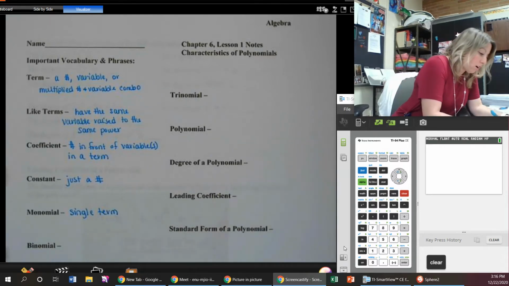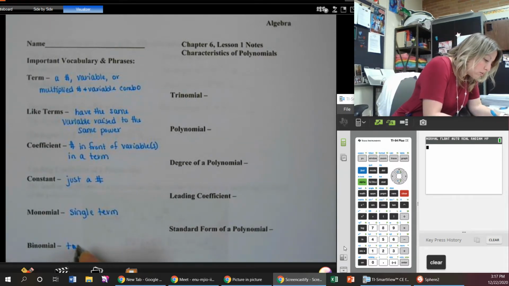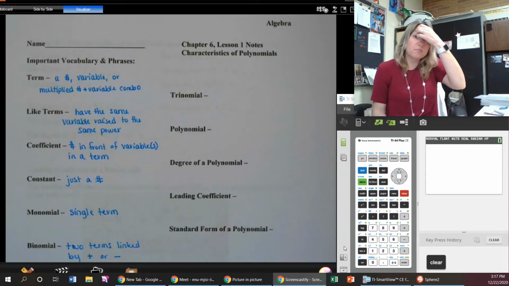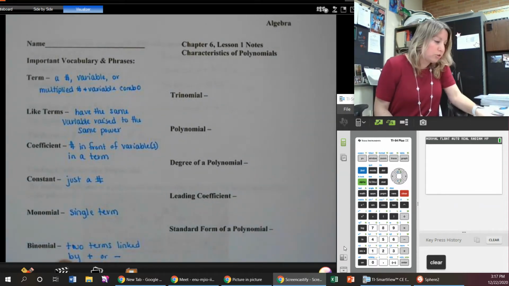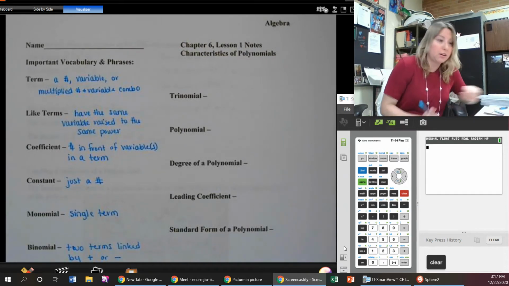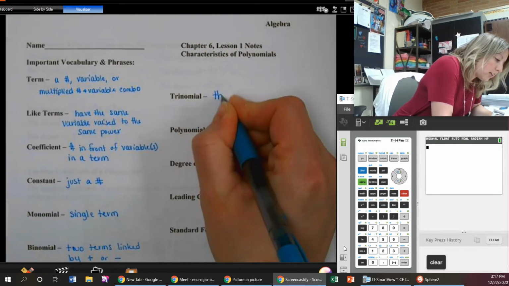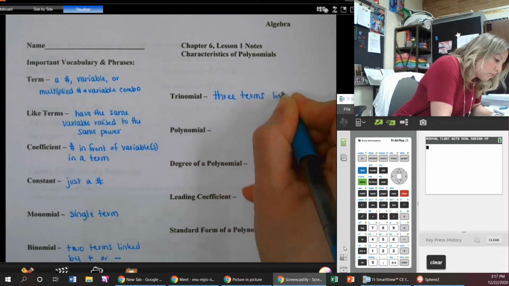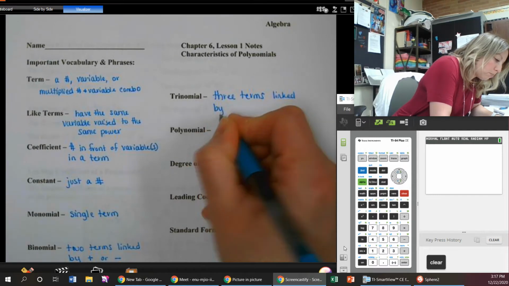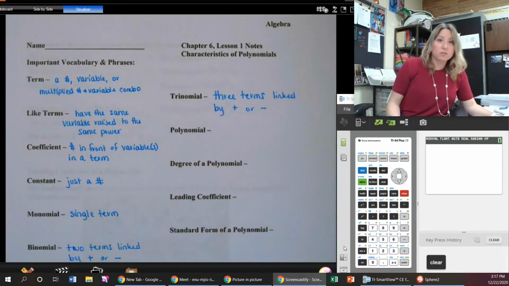Binomials are two terms linked by adding or subtracting, a plus or a minus sign. I have a feeling you can probably guess what trinomials are. Binomials are two terms linked by your plus or minus sign. Trinomials are three terms linked by plus or minus signs.